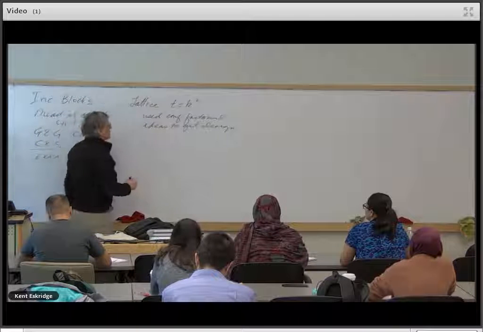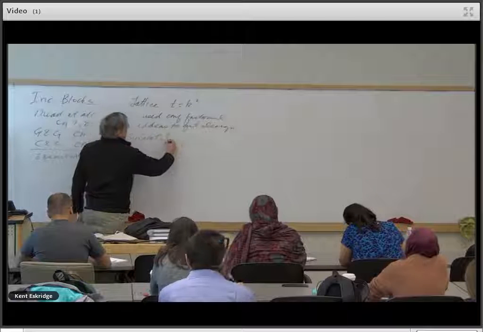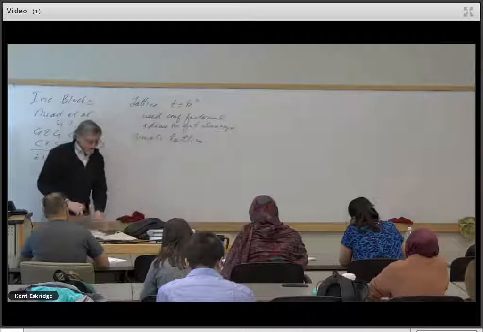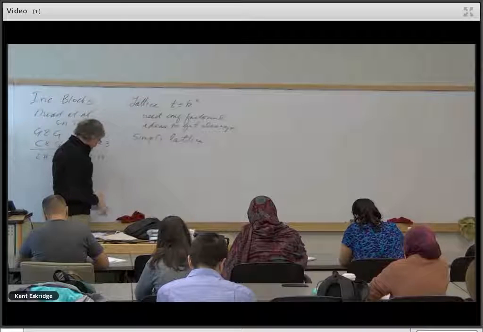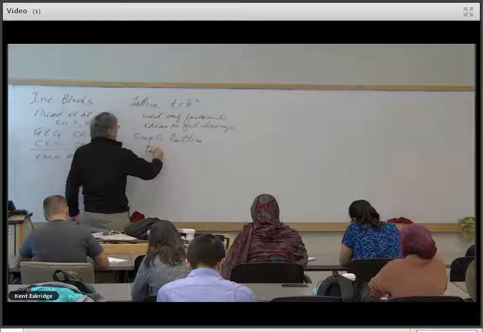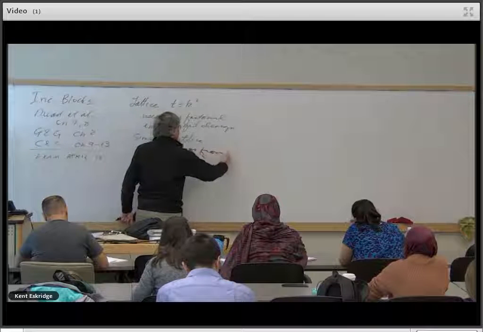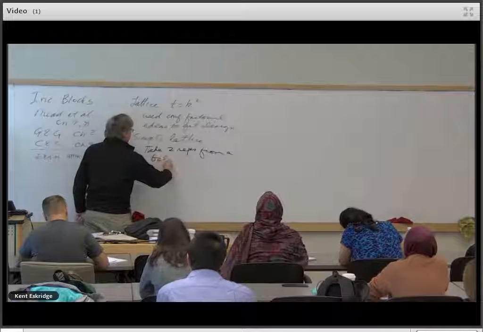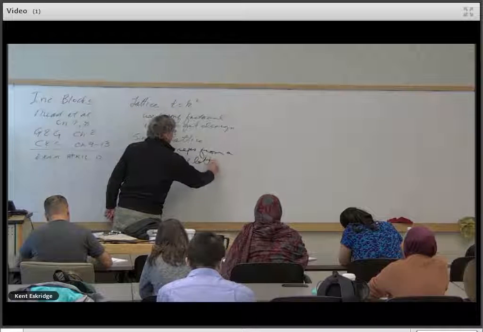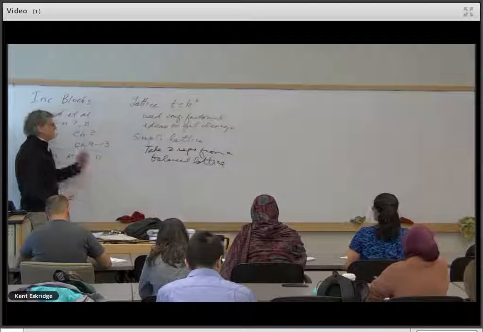Probably the most common lattices that you'll see people use are simple lattices. A simple lattice is you just take 2 reps from a balanced lattice. Any 2 reps, it doesn't make any difference. So on the handout that I gave you the other day, you can just take any 2.